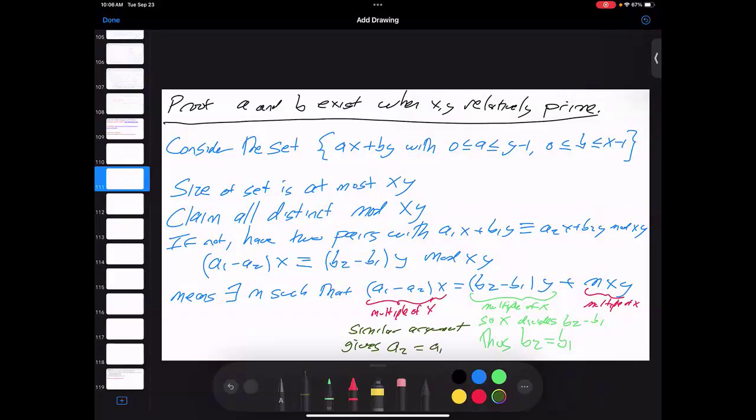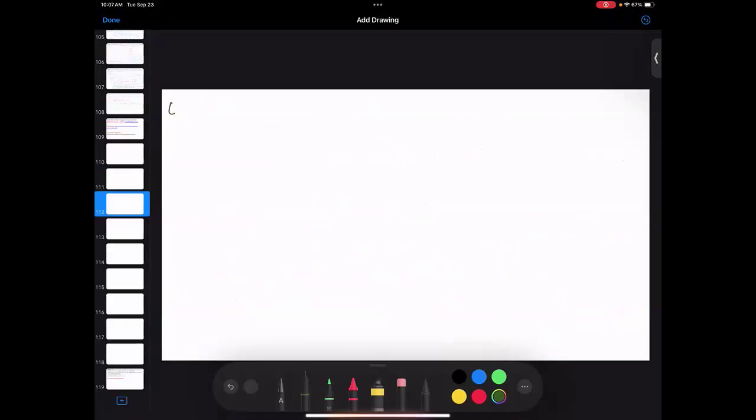Right? So you should go through and do that argument, write it out carefully. But we just showed that we can't have two pairs being the same. All the pairs are distinct mod xy. So we have xy pairs, and they're all distinct mod xy. Okay? How many remainders are there mod xy?